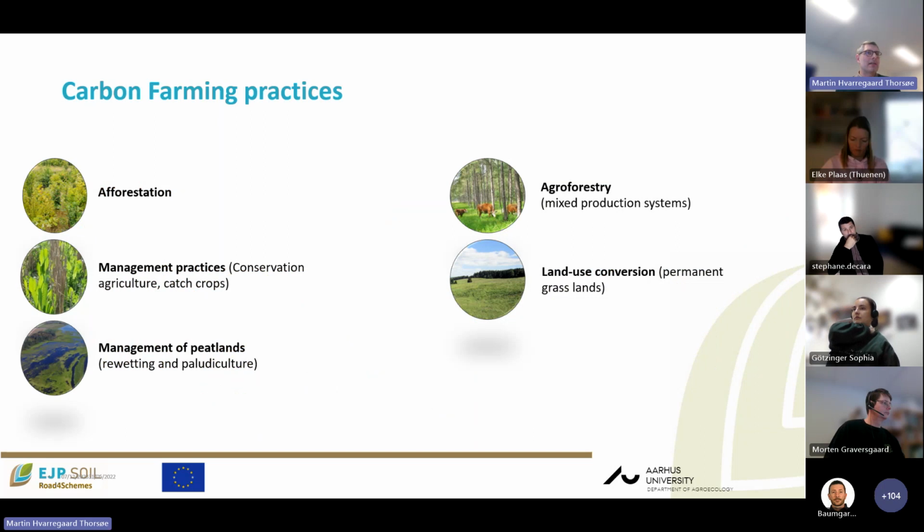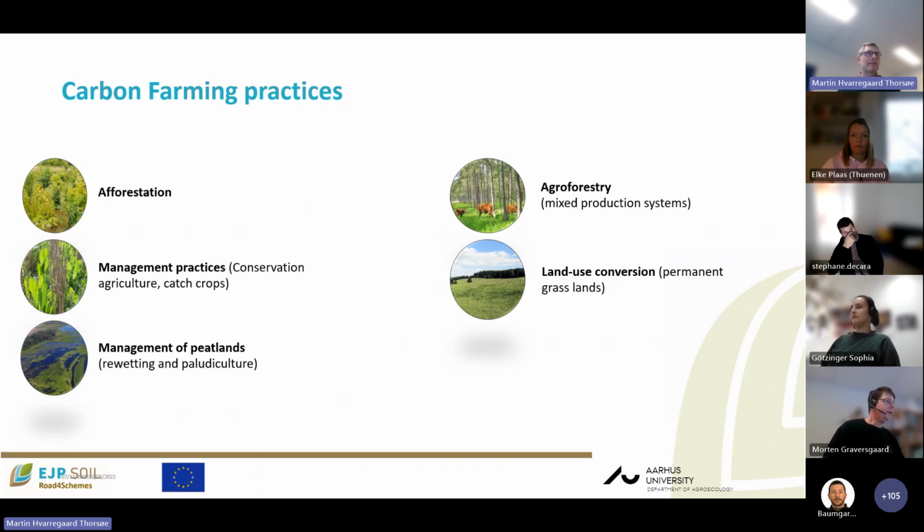Some of the practices that the Commission has proposed for carbon farming are afforestation, management practices like conservation agriculture, implementing catch crops or various changes to the production system, management of peatlands in rewetting and also paludiculture, agroforestry or various forms of mixed production system, and land use conversion, for instance, conversion to permanent grassland.